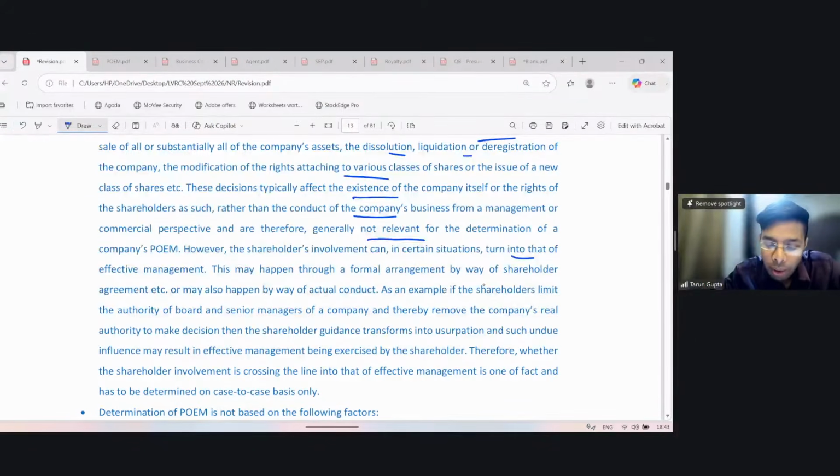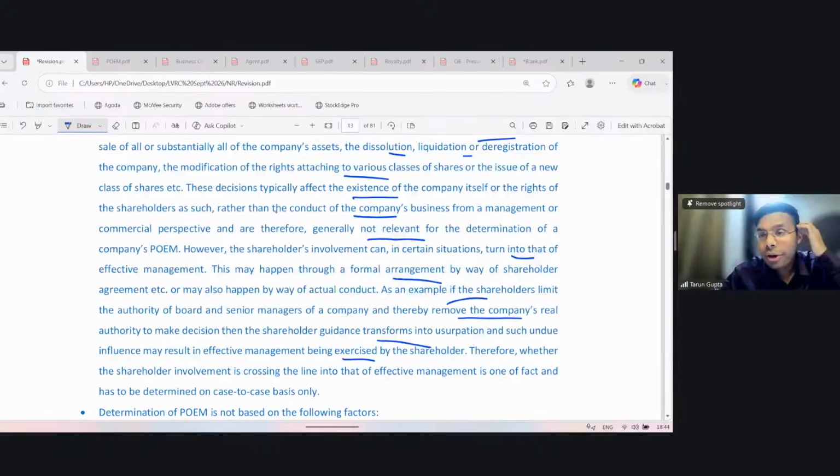This may happen through a formal arrangement by way of shareholder agreement, or may also happen by way of actual conduct. As an example, if the shareholders limit the authority of the board of directors and senior managers, and thereby remove the company's real authority to make decisions, then the shareholder guidance transforms into direction, and such undue influence may result in effective management being exercised by the shareholder.